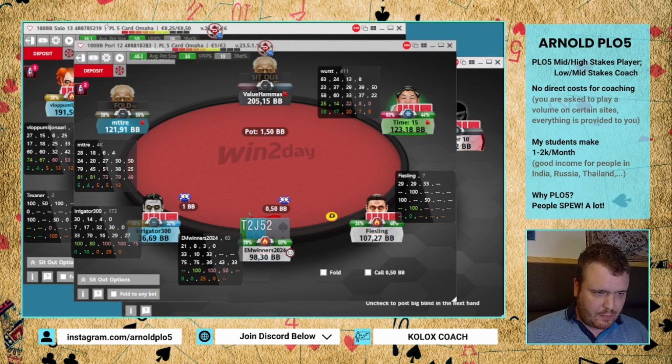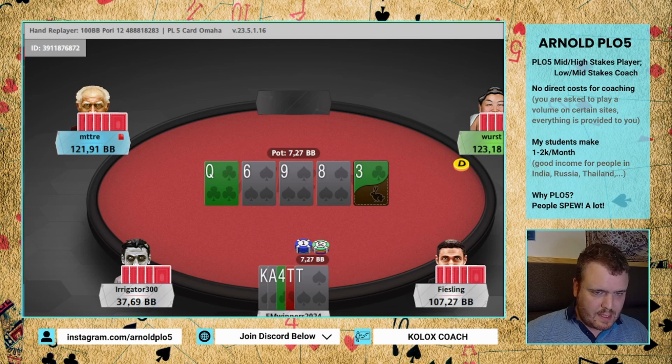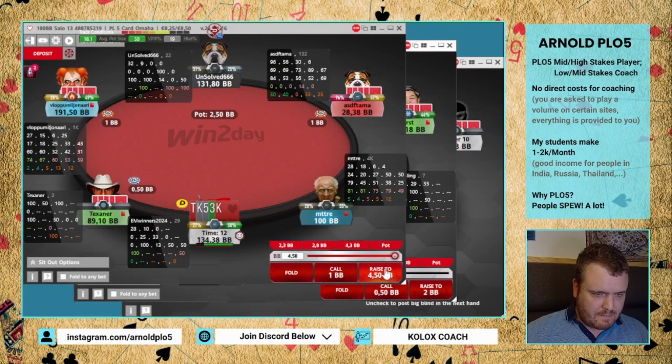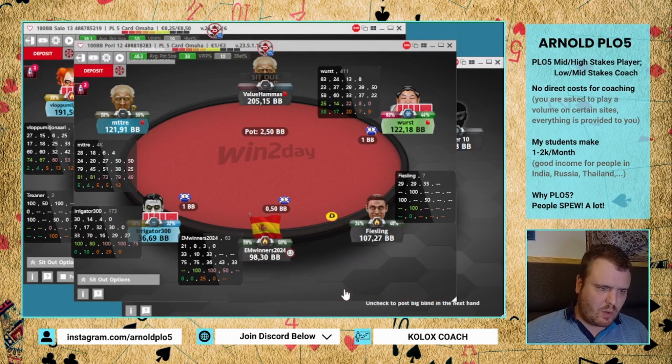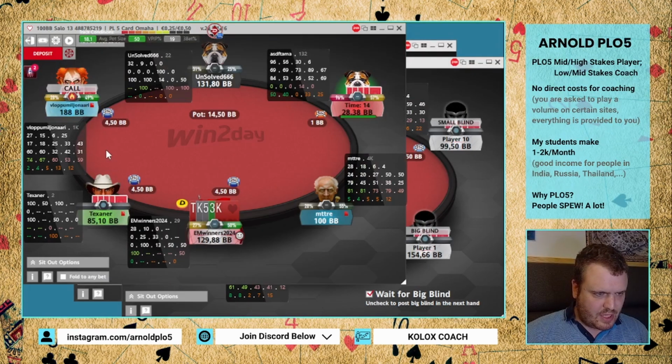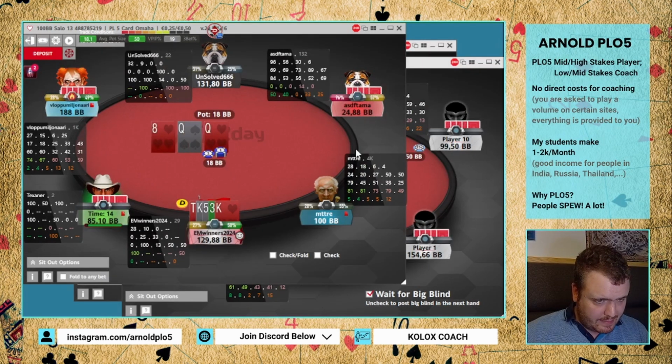I often get a fold here because he will be a guy who c-bets very linearly, too much and linearly. So he has all his nut flush draws, he will probably c-bet. And so his checking back range is very bad.